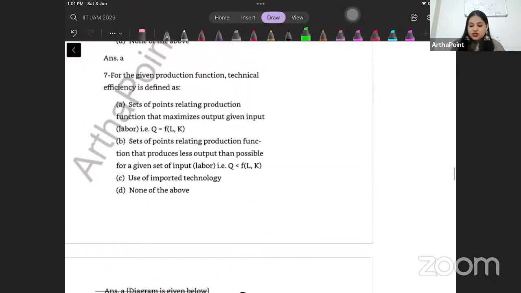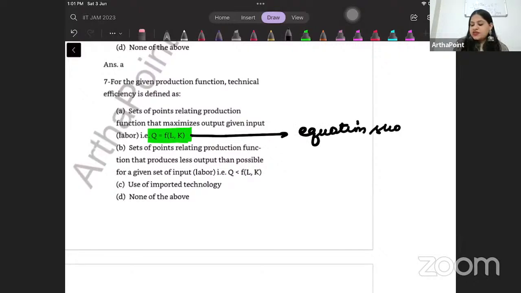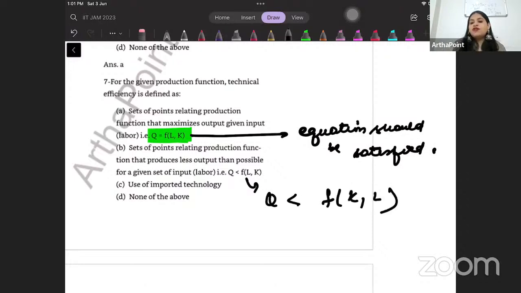So understand from here, on production function means this equation should be satisfied. The equation should be satisfied. And below production function means output less than what your production function suggests. Production function says this much output can be made, but I am making less output than that.